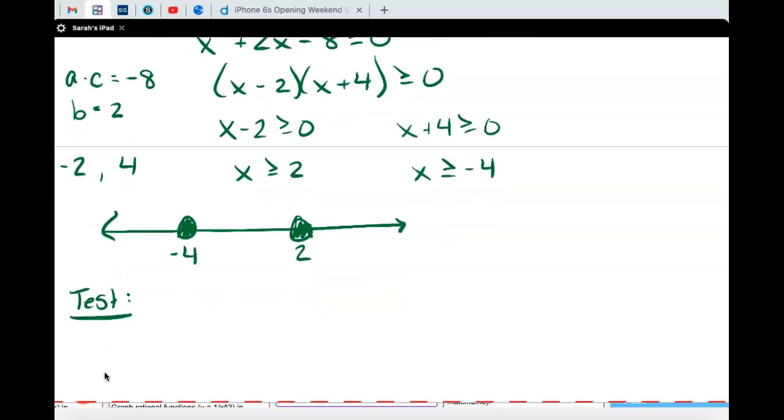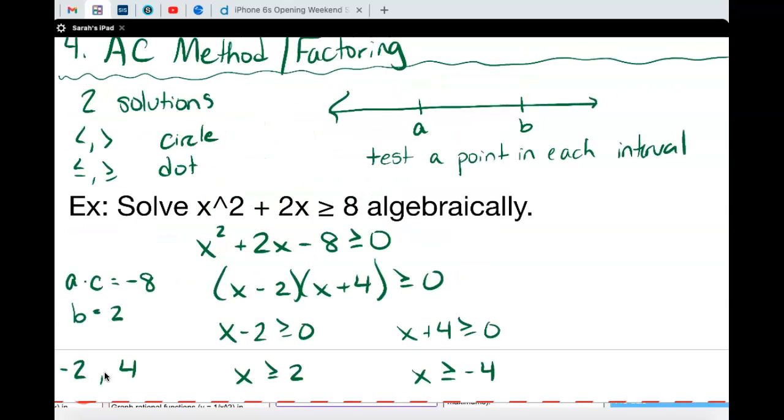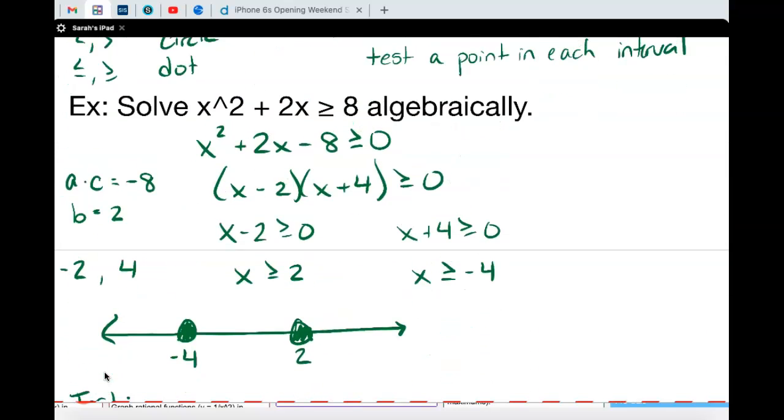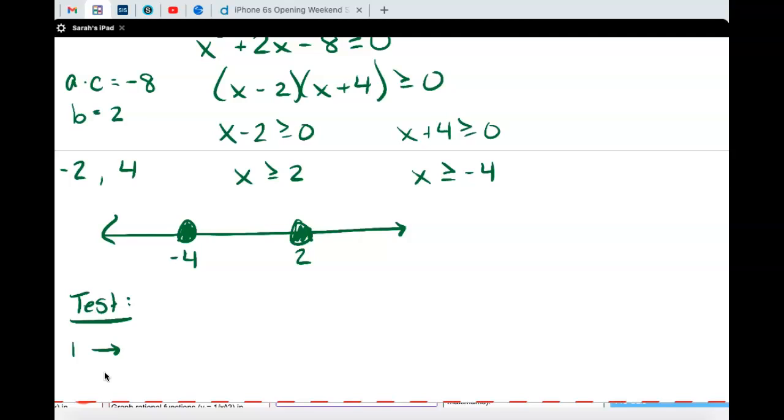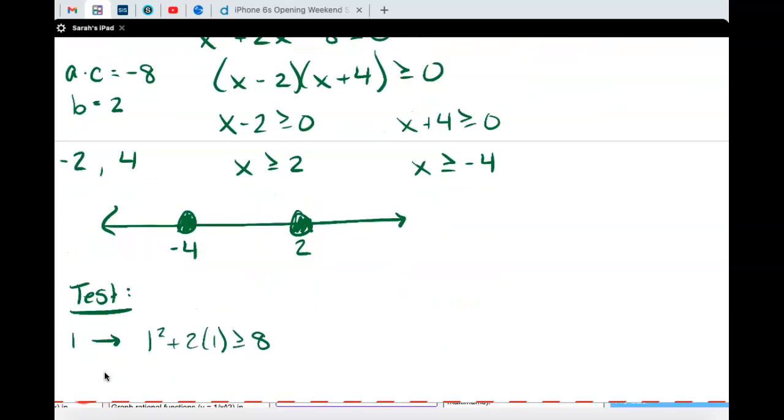What number do you want to test first? One of those numbers, negative 4? I'm going to choose a number on the left side of negative 4, between negative 4 and 2, and on the right side of 2. Okay, that's fine. So if we choose 1, I have to plug this back into the original, x squared plus 2x greater than or equal to 8. So I have 1 squared plus 2 times 1 greater than or equal to 8.